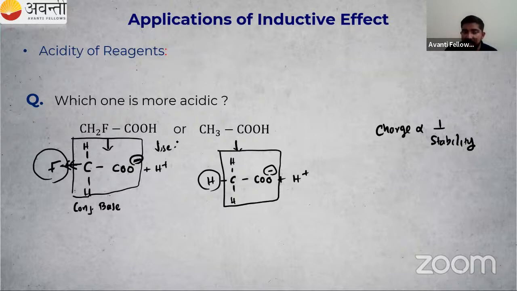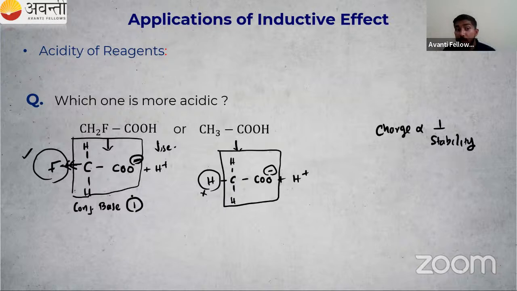Then in the second case, hydrogen has a very weak plus I effect, so we can neglect that. In the first case, fluorine is taking the negative charge, so the charge will decrease and the stability will increase. So this first conjugate base is more stable.